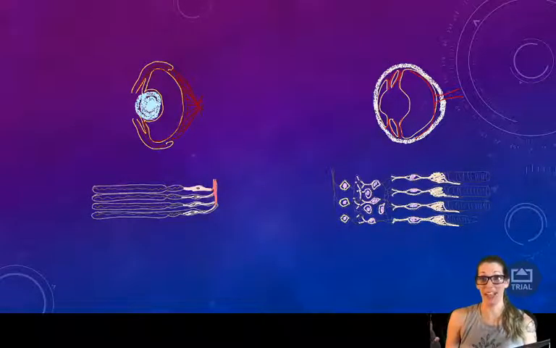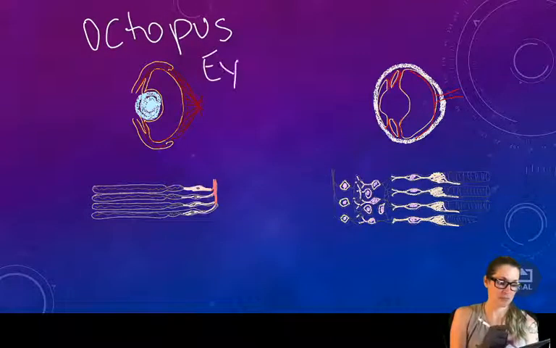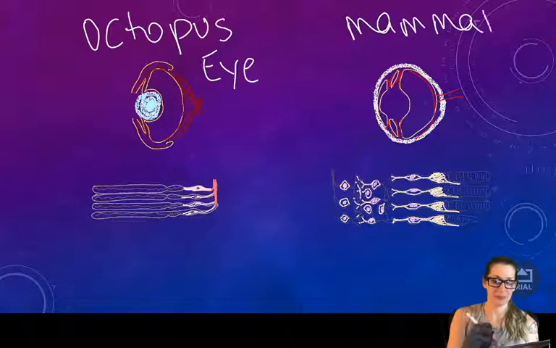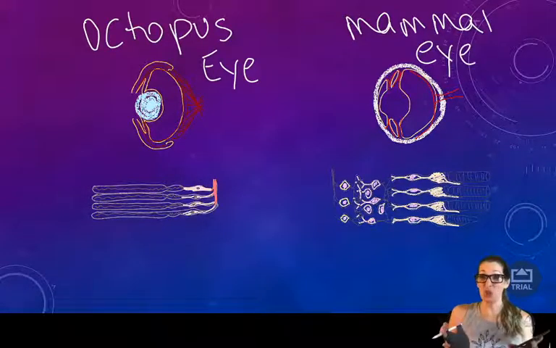Another wicked cool example of convergent evolution is the octopus eye and the mammal eye. Our common ancestor, which you have to go back pretty far, didn't have an eye.